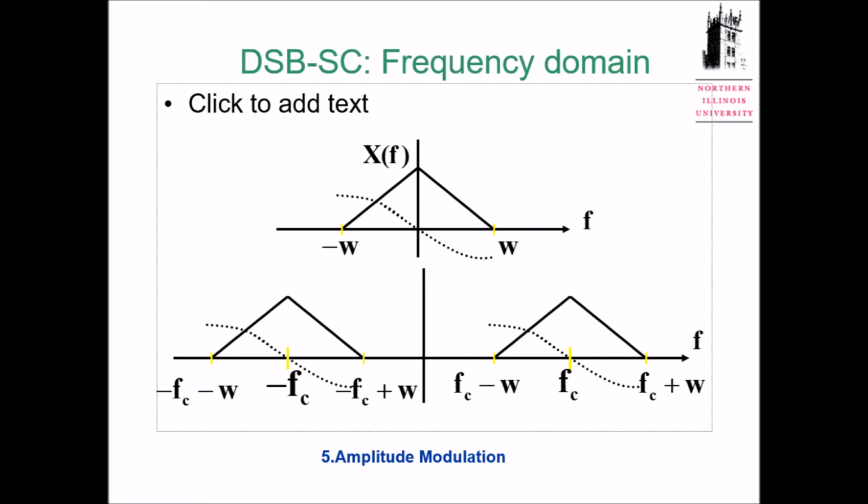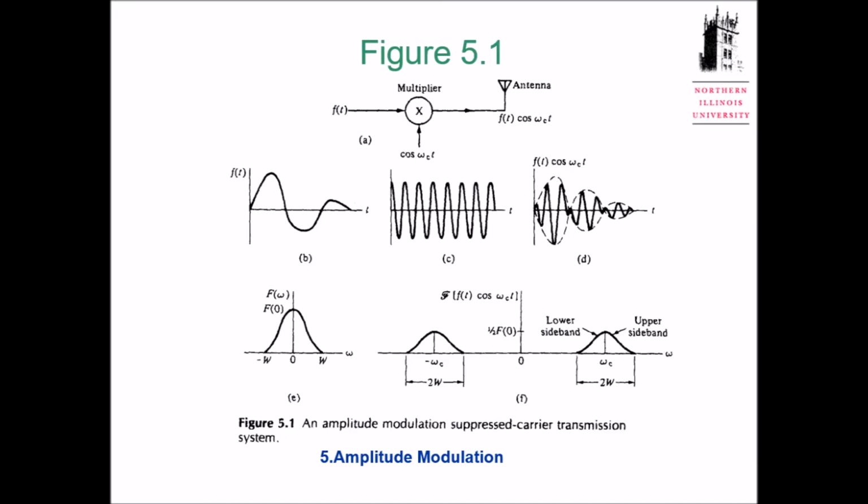So next slide, we summarize the transmitter side of double sideband suppressed carrier in block diagram, in time and also in frequency. The top one is your transmitter side, a very simple structure.